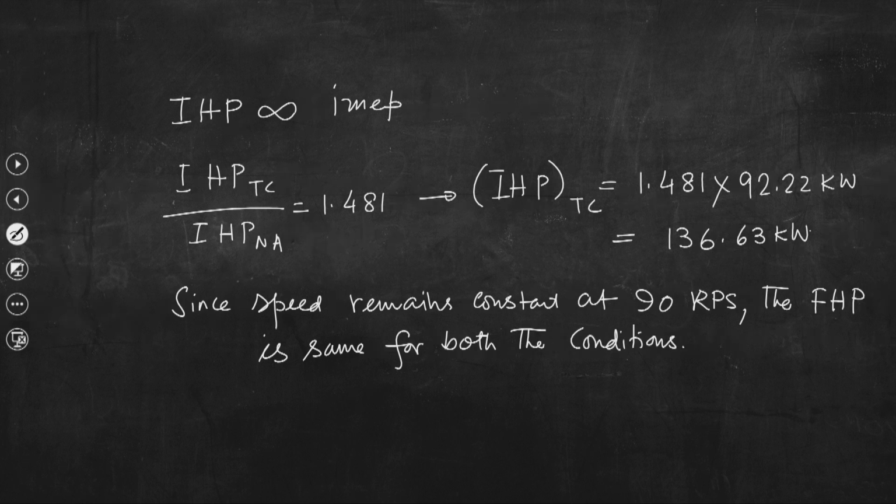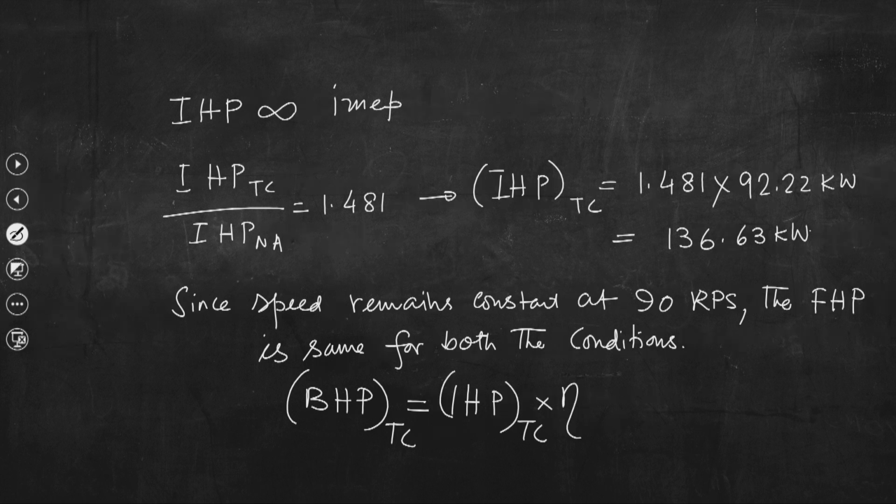Okay. So, that means we can easily calculate the brake horsepower for the turbocharged engine: it is the IHP of the turbocharged unit into mechanical efficiency, because brake horsepower by indicated horsepower is the mechanical efficiency.